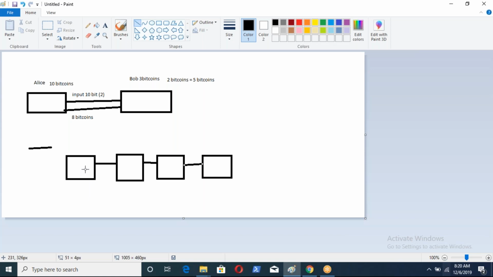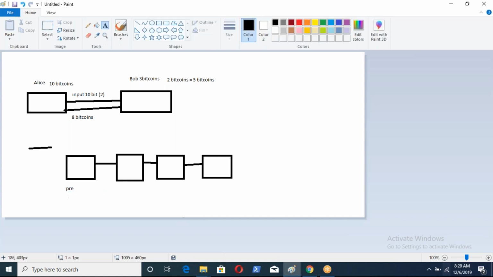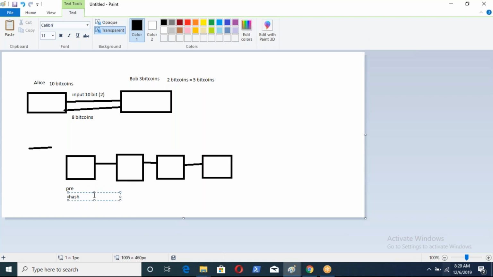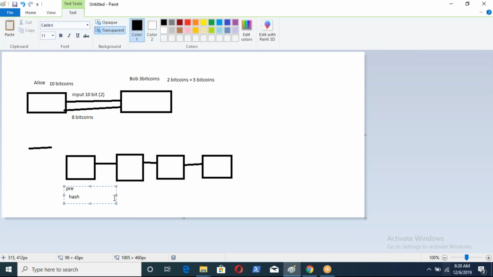Because of immutability, for the genesis block also there are two parameters: the previous hash and the hash. The same thing applies to all the blocks: previous and present hash.